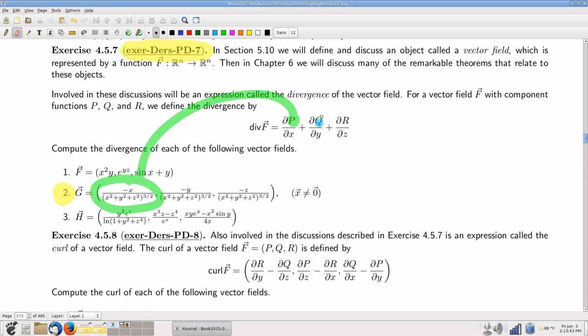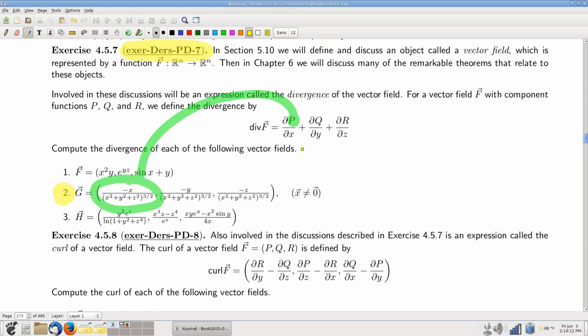And then likewise the third component, R. So once you've computed that term, and by the way, even better coincidence, we're taking a partial with respect to x, and that numerator is x, and then for the next one, it's a partial with respect to y, and the numerator is y, and there really is kind of an analogy there. So once we've done one of these terms, the others are pretty similar.